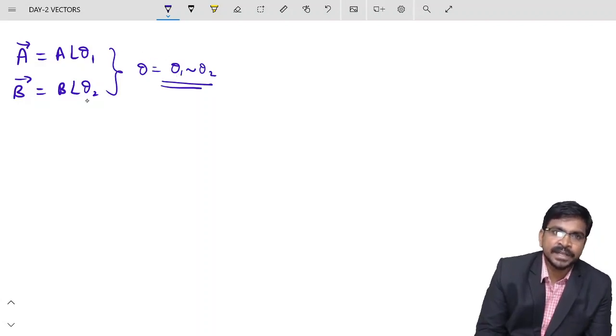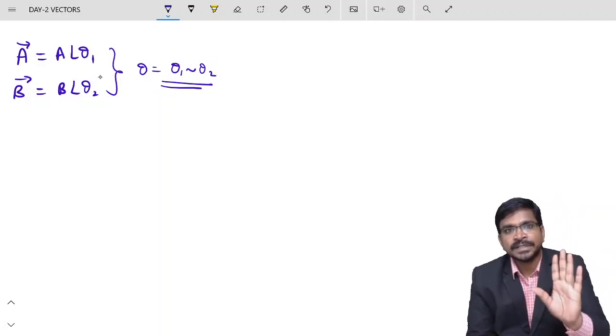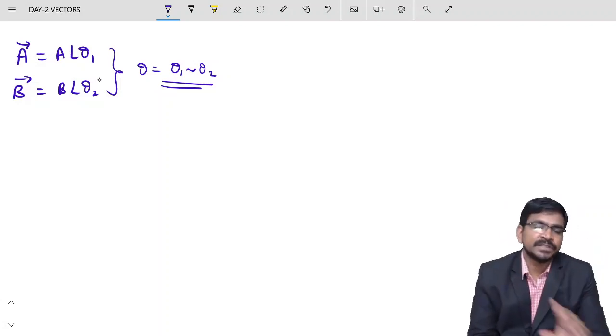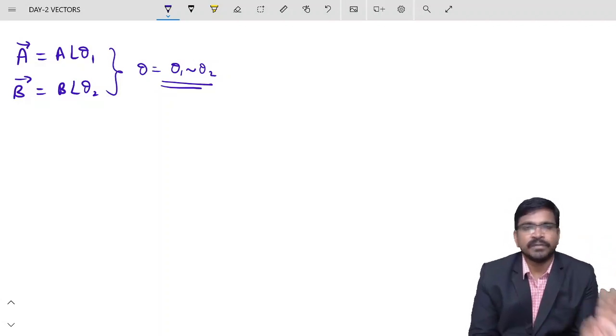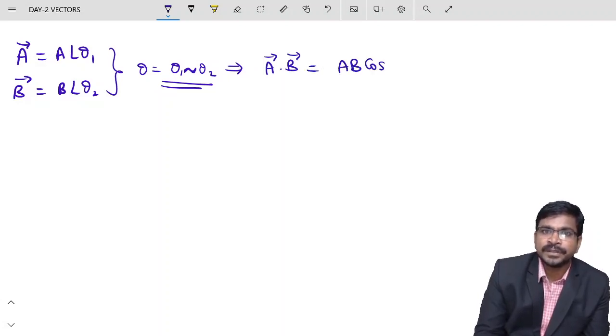If it is 30 degrees and 60 degrees, the difference is 30. You should not take 30 minus 60. You should always take 60 minus 30, always the larger value minus the small value. That is why I wrote difference here. Okay. Now, after getting theta, A dot B is AB cos theta.